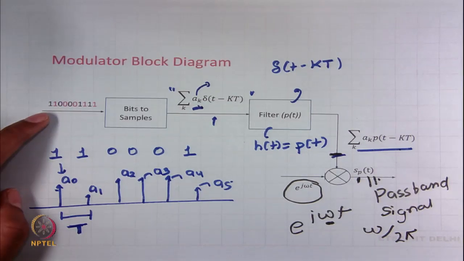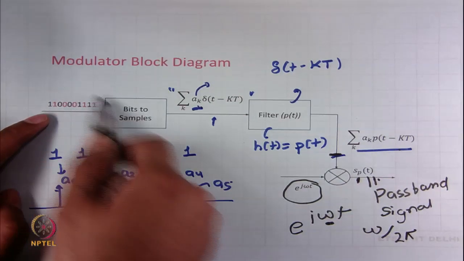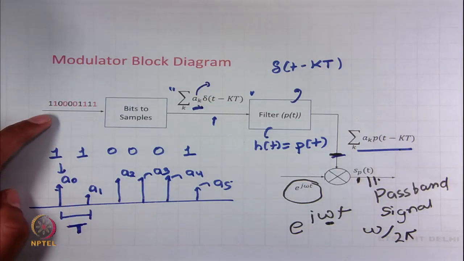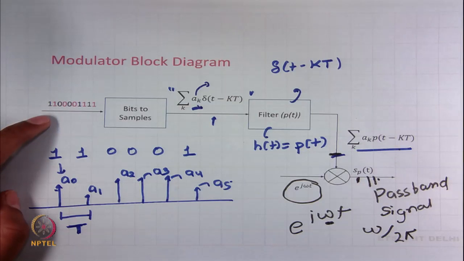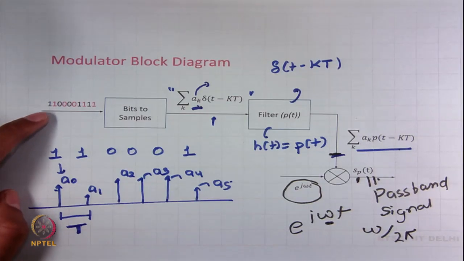So, the idea is that you simply take the Fourier transform of this to get the spectrum, but that will not be useful for the bandwidth occupancy of the signal, because as we will see, this sequence, if it is stationary, might have infinite energy, and thus we cannot take the Fourier transform of this random stationary sequence easily, and thus we have to do something else to evaluate the spectral description of this random source.